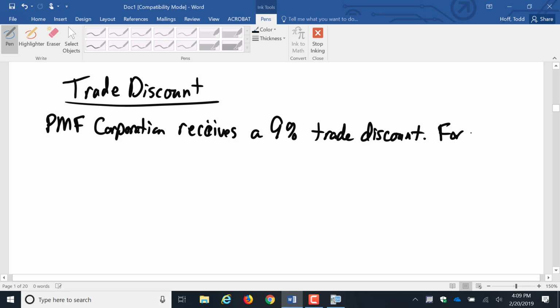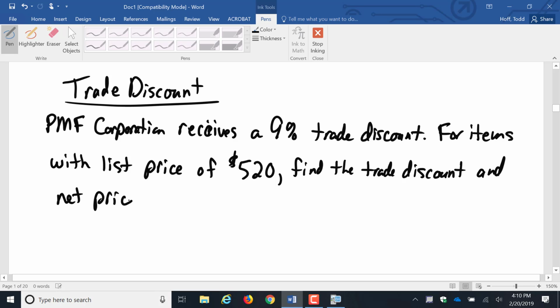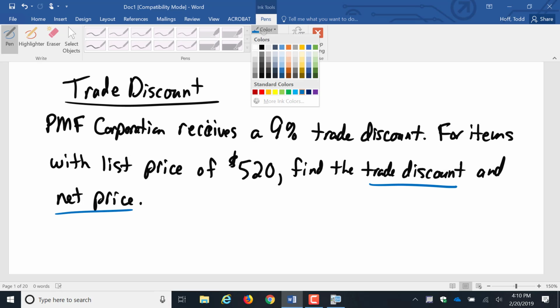So for items with list price of $520, find the trade discount and net price. So we're finding two things here, the trade discount and the net price.